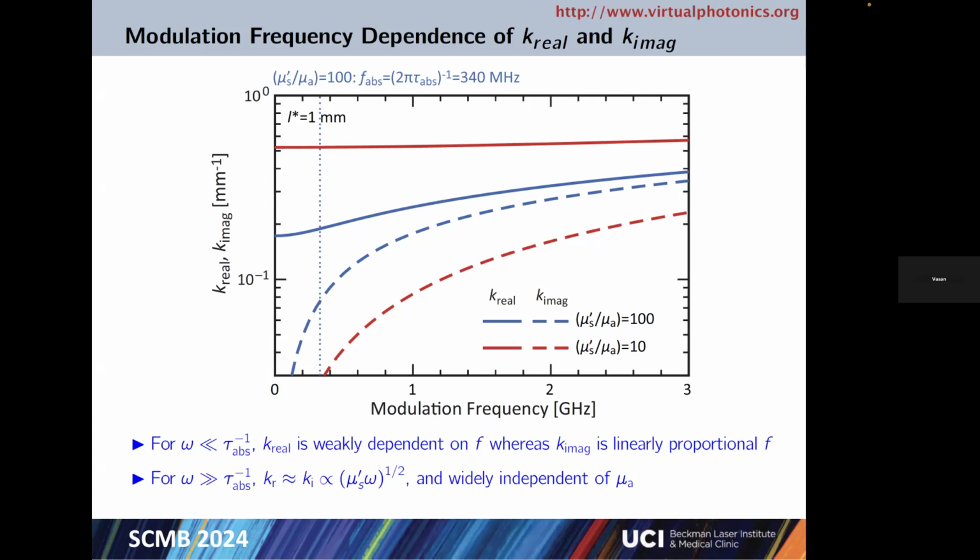If you travel the same distance, you're going to accumulate double the phase. For large modulation frequencies, KR and KI, the real and imaginary parts, start to approach each other and scale with the square root of the modulation frequency. Any comments, Tom?